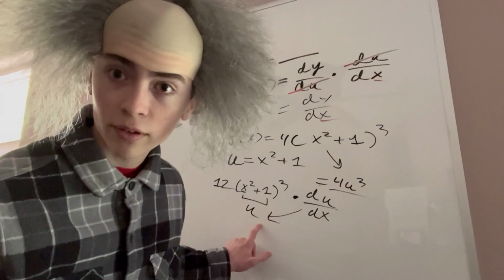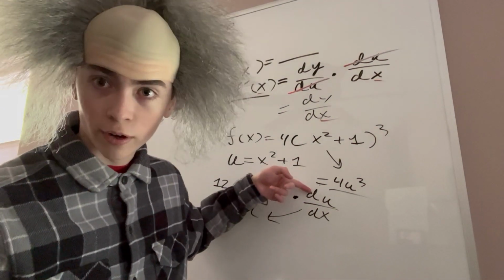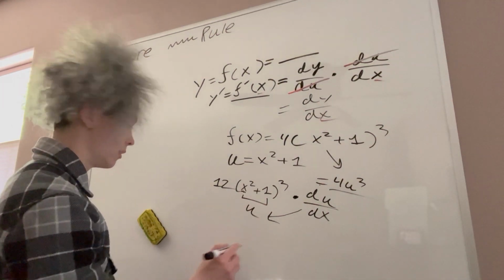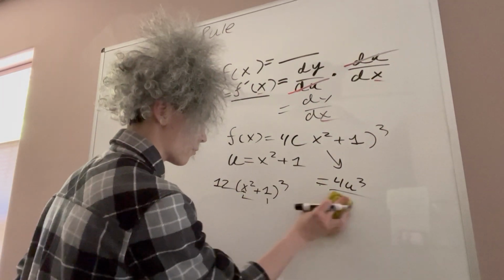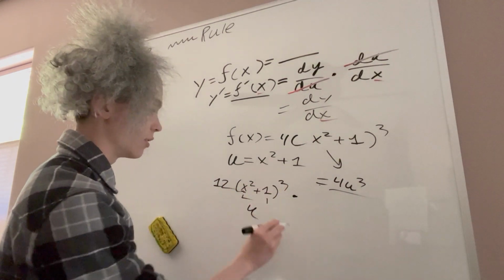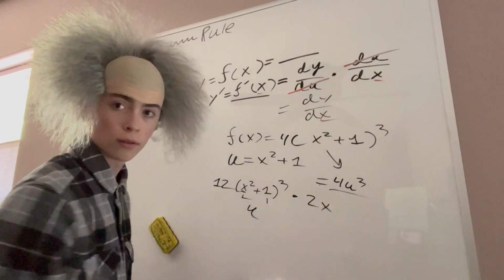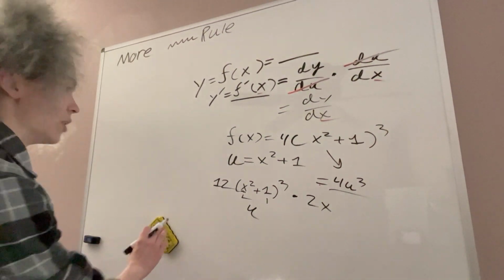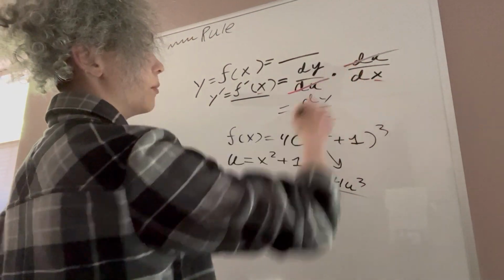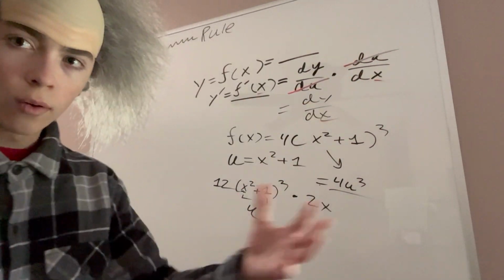Here, we're deriving the x terms in the u function. So it's a two-step process. The chain rule says we multiply by the derivative of this u part, which is just 2x.